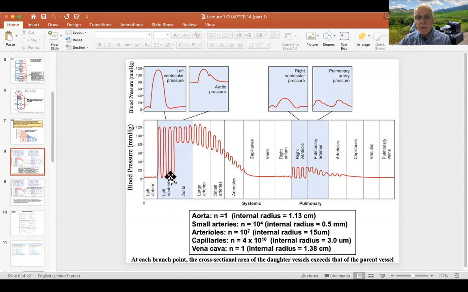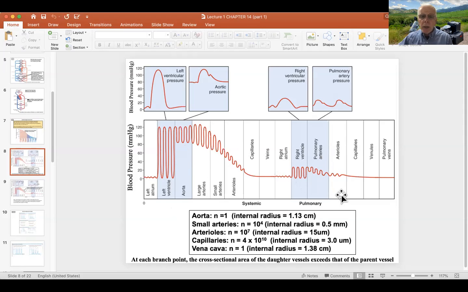The muscle on the left side is much thicker than on the right side. But in addition to that, the resistance to the flow of blood out of the heart is much greater on the left side. The blood's going to be ejected into the systemic circulation. The resistance is much greater there than it is leaving the right ventricle and going to the lungs. So those are reasons for that.